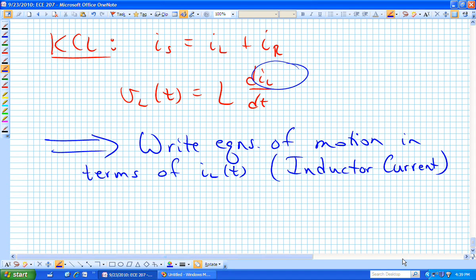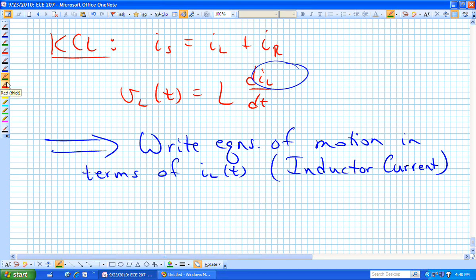Doing that, we now want to rewrite that KCL equation, putting in place of I sub L and I sub R expressions only containing I sub L.